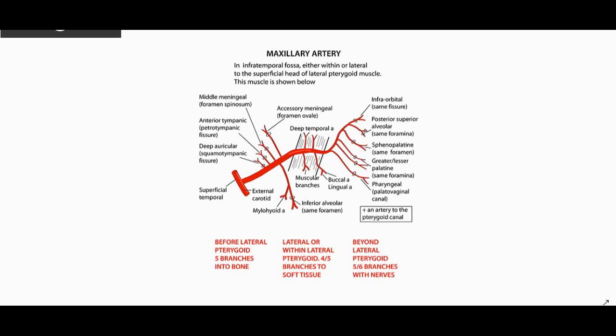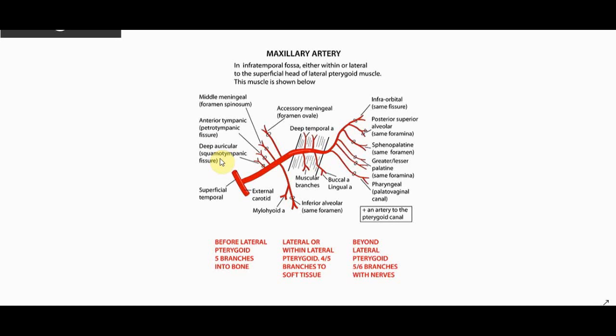So the deep auricular passes through a foramen in the floor of the external acoustic meatus, and that is the squamotympanic fissure between the squamous part of the temporal bone and the tympanic plate. So we have this fissure, the squamotympanic fissure. For the anterior tympanic, there is something known as the petrotympanic fissure. Again, this is between the petrous part of the temporal bone and the tympanic plate. So easy enough to remember.